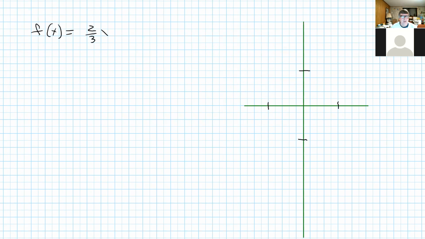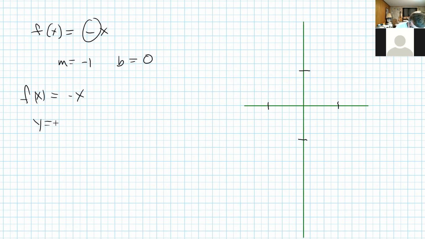Suppose we got f of x equals -x. This is also in slope-intercept form. The slope would be -1, that's the coefficient of x, and the y-intercept is 0, because f of x equals -x is like y equals -1x plus 0.